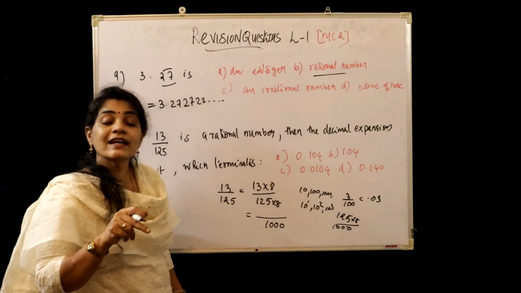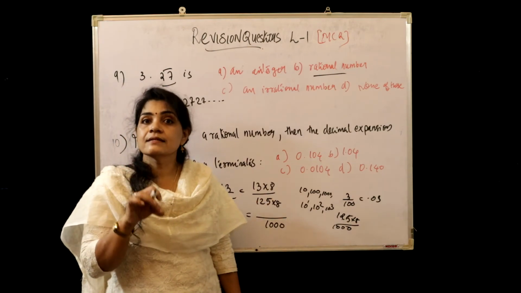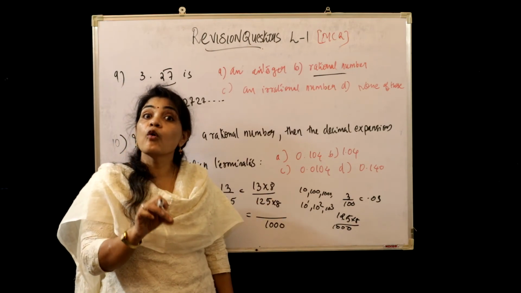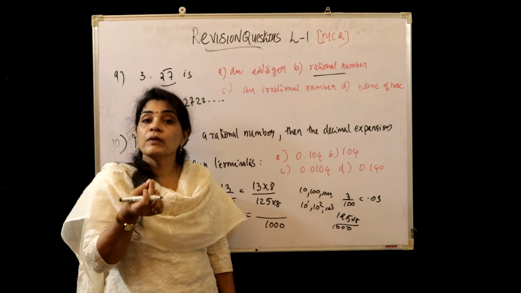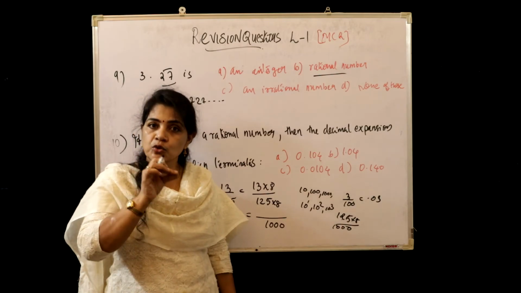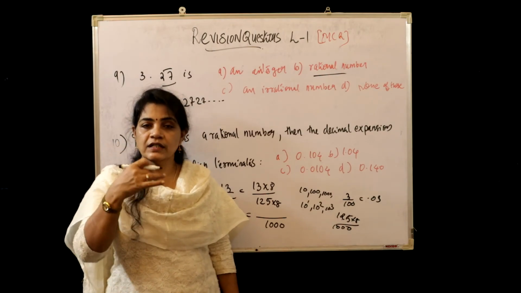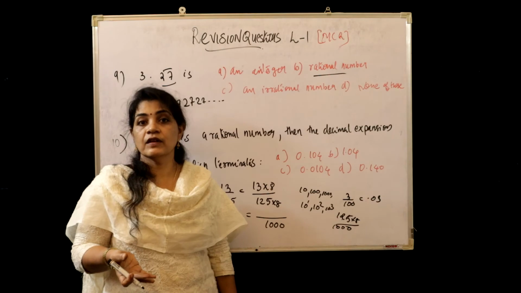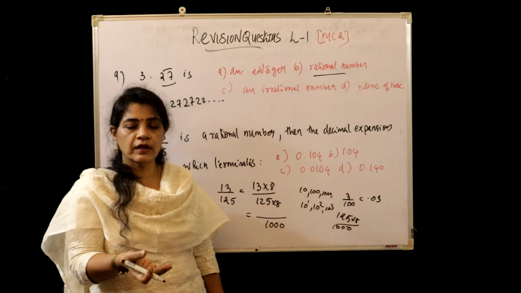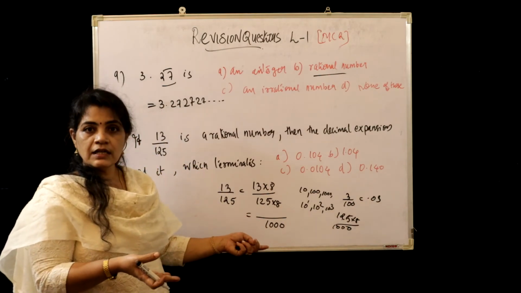This is the way to get the decimal expansion easily. Okay, this is possible only when the denominator has the prime factor either 2 or 5 alone or both 2 and 5. If it has any other prime factor, we can't write it. Okay, you cannot make an equivalent fraction in this manner.